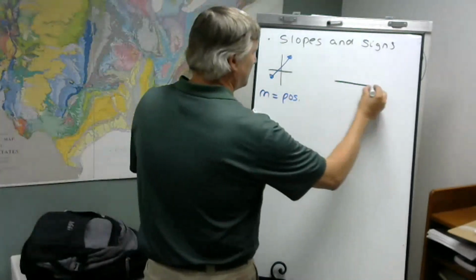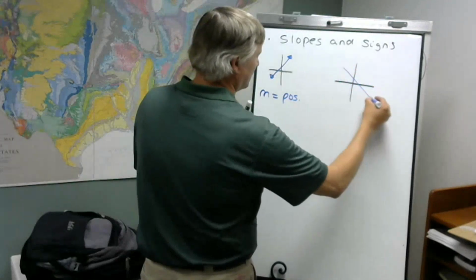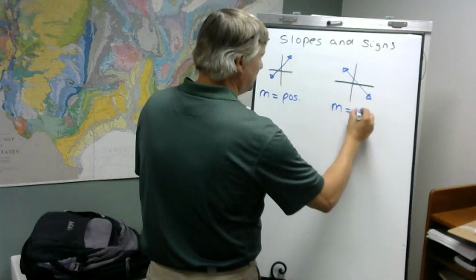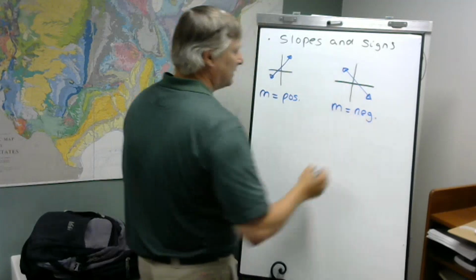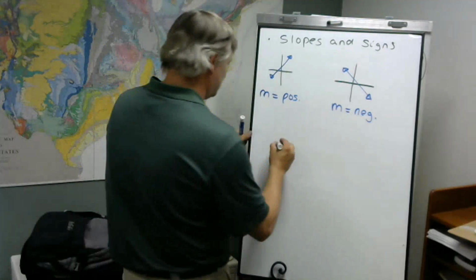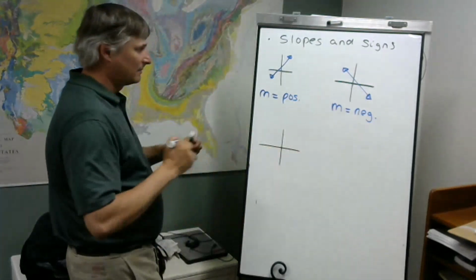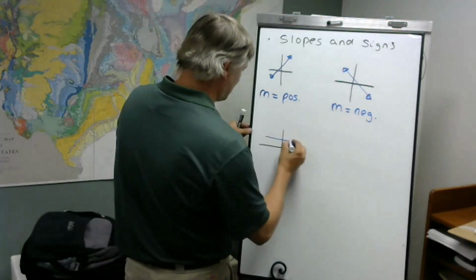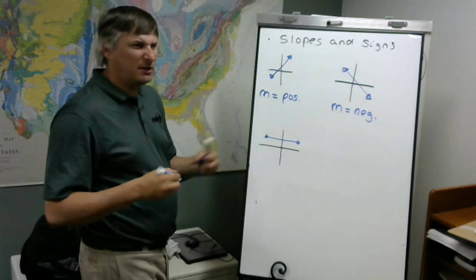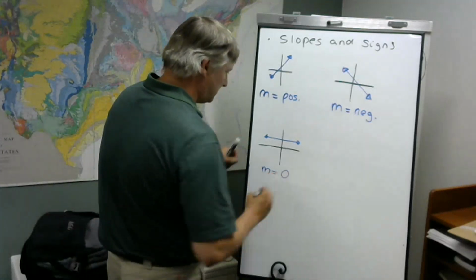If you have this, well, this is when you have a negative slope. If it's perfectly horizontal, like y equals b or y equals 2, your slope is 0.